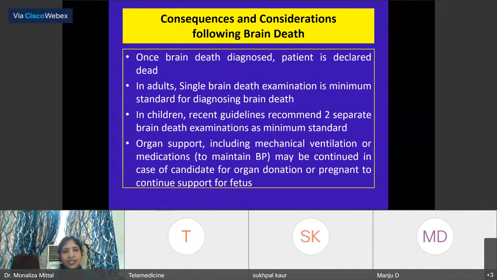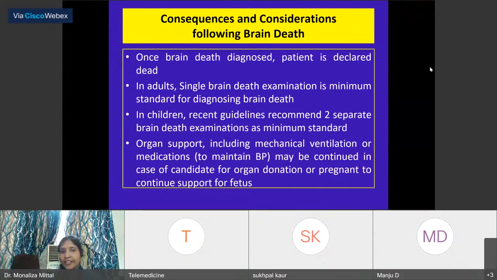Now, the consequences and considerations following brain death. Once brain death is diagnosed, the patient is declared dead.